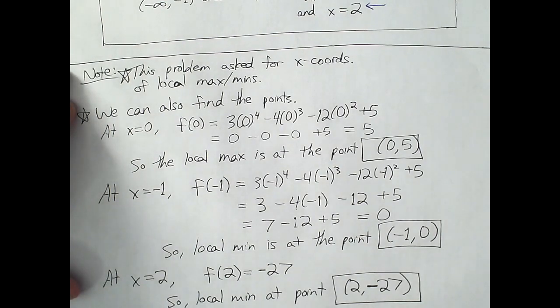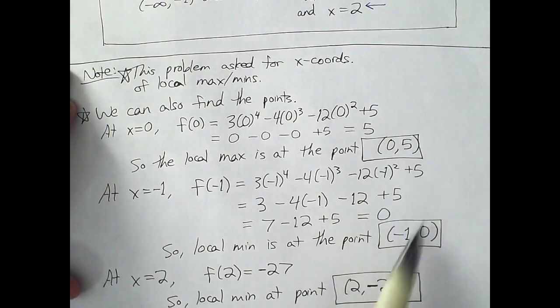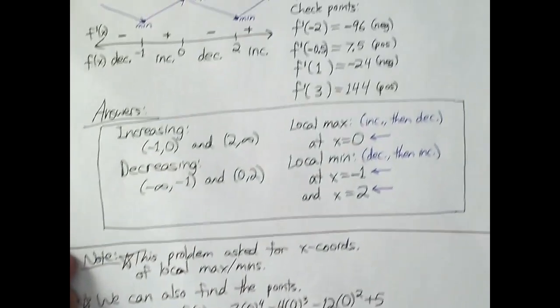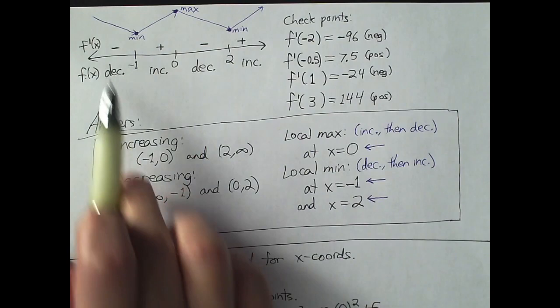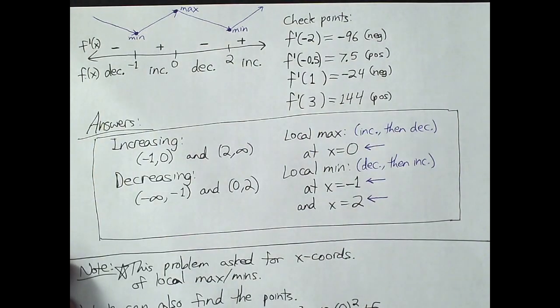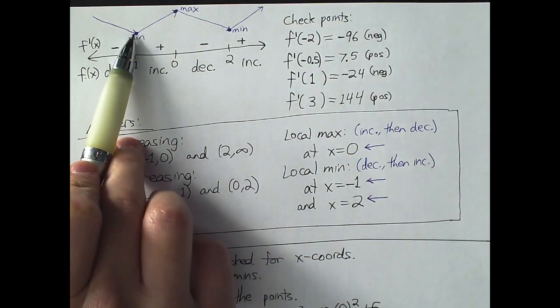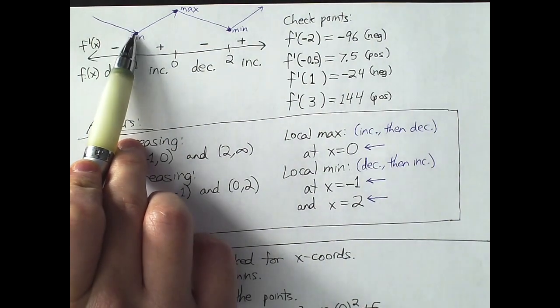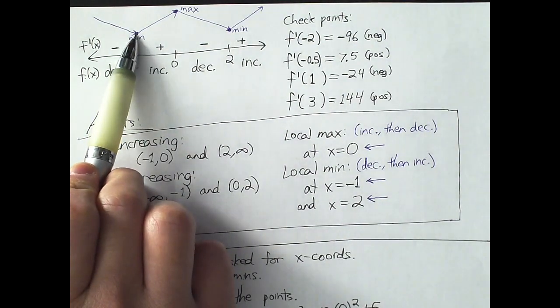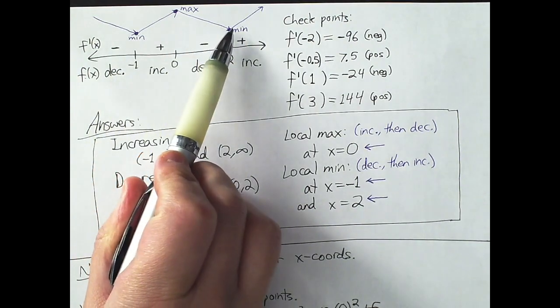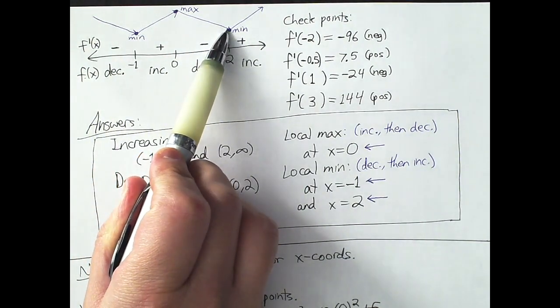I guess you could say that if these are actually the places of the local extrema, then my quick little scratch work picture here is definitely not to scale, because this local minimum is supposed to be at -1 comma 0. And this is supposed to be at 2 comma -27.